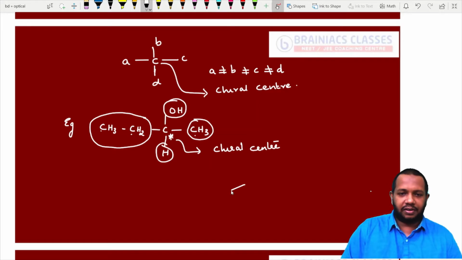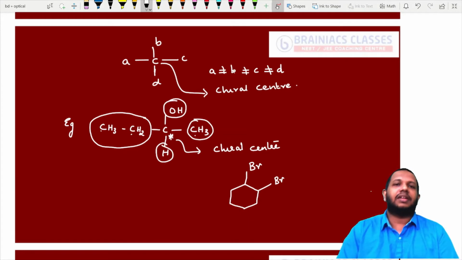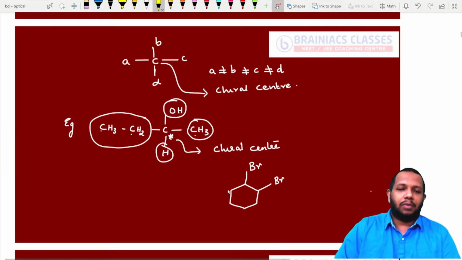Now let me take another compound. This is a good example. Suppose you have a question like this. Here you could see a bromine atom connected here, and here also you can see a bromine atom connected. So can you count and tell me how many chiral centers are there? If you see one by one, here this is a carbon atom, but both are hydrogen atoms, so this cannot be a chiral center.